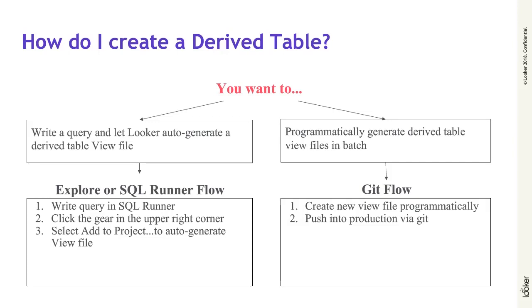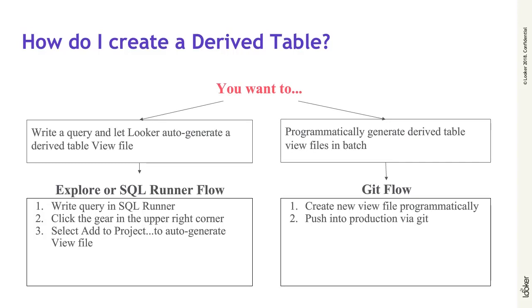I have 1,000 customers, which means I have to produce 1,000 derived table view files. Am I going to do that manually through the process on the left-hand side? Probably not, right? I may go through that process once, and then I might set up some sort of Git script to programmatically produce those files and make the small changes that are needed to those files and to the queries that are written in those files.